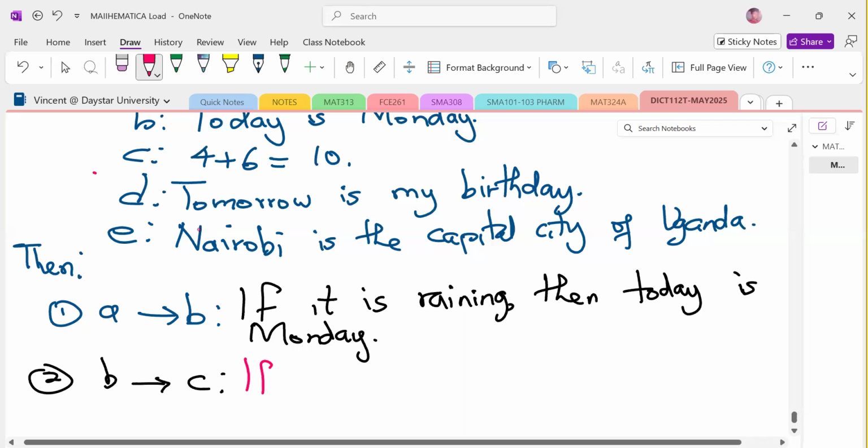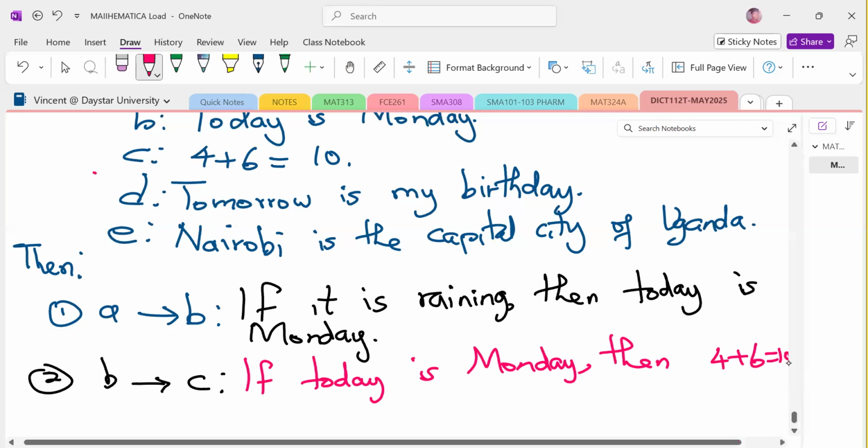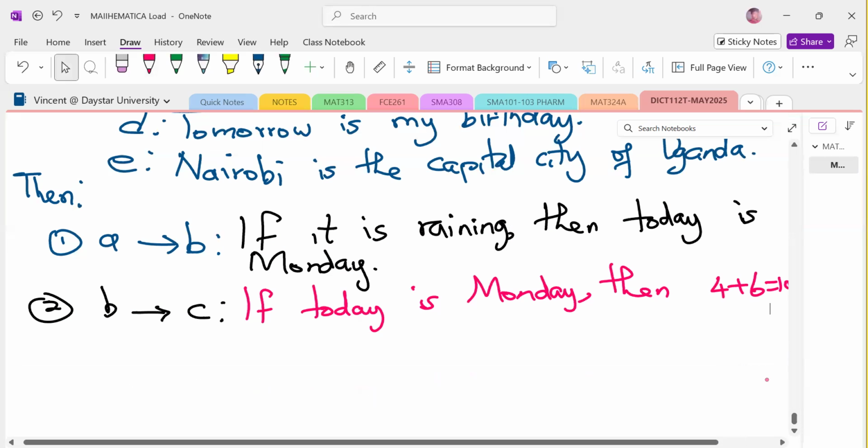If today is Monday, then 4 plus 6 equals 10. Please note that these things may not be making any sense in English, but what we care about is the logical connective we are discussing.